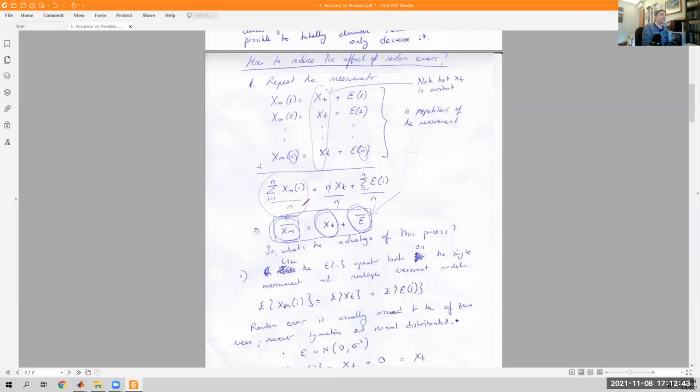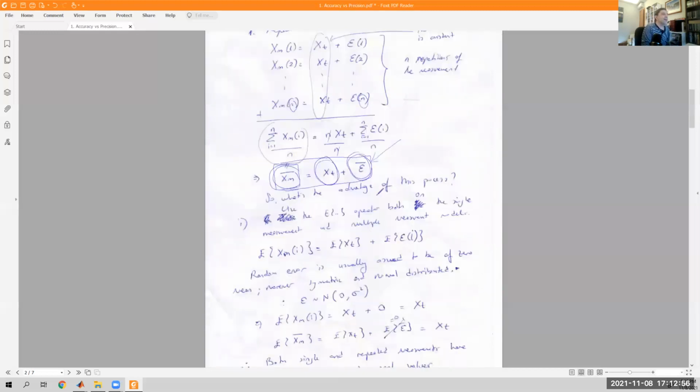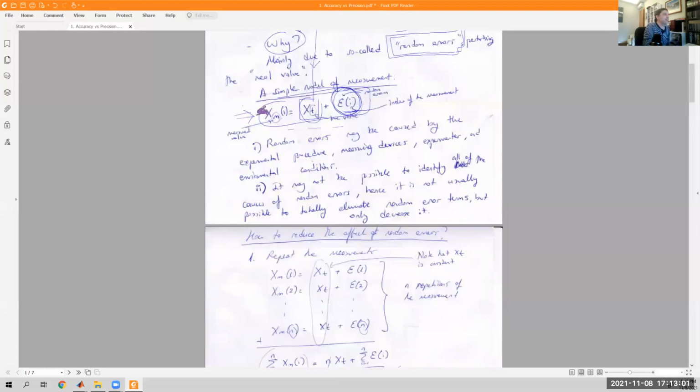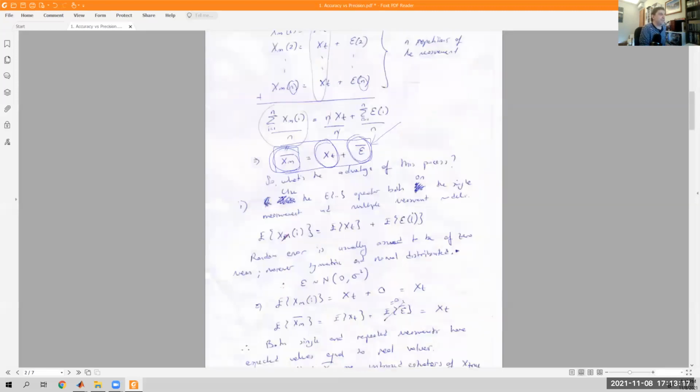So the first thing I'm going to do is take the expectation of both sides using the expectation operator to see what's going on. We are going to remember a couple of concepts from statistics class. Since this is an addition, and the expectation operator is a linear operator, we can apply the expectation to each term separately.